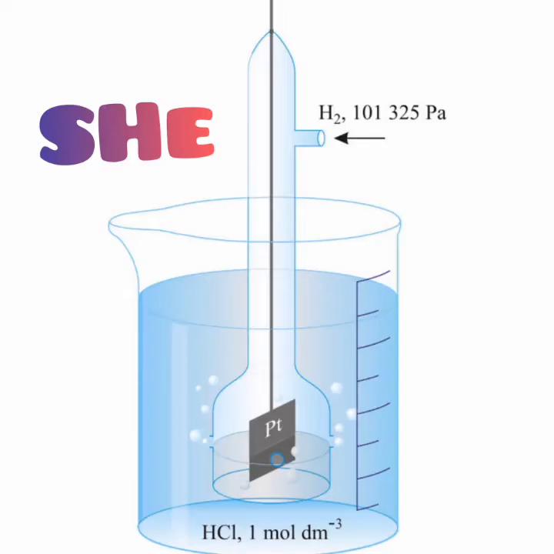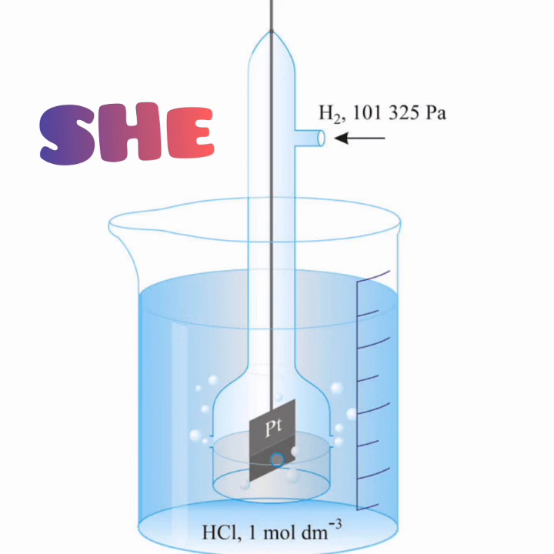Then next is the SHE. What is the full name of SHE? SHE is the standard hydrogen electrode or normal hydrogen electrode. It consists of a platinum wire sealed into a glass tube and carrying a platinum foil at one end.